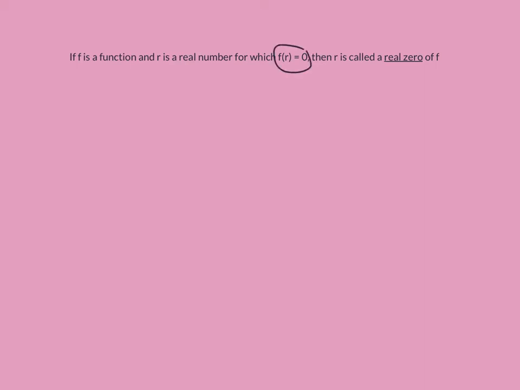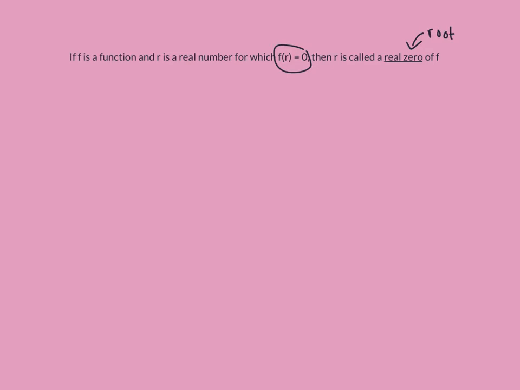So that value r, or that x value, is called a real zero. We have a bunch of other words that we use for 0. We also call that a root. You're also going to see that.